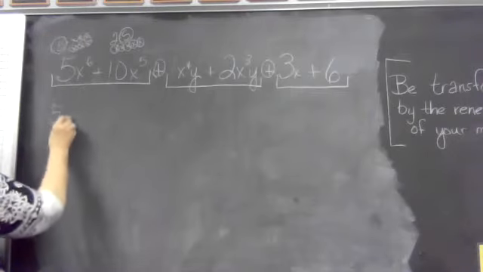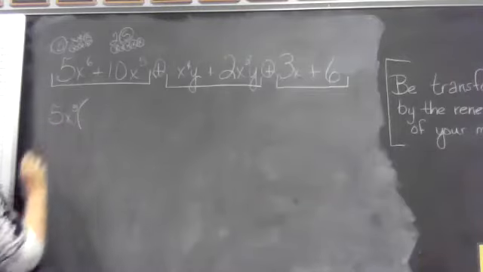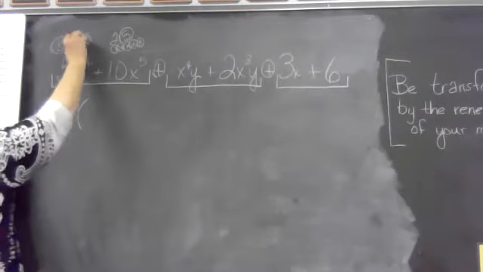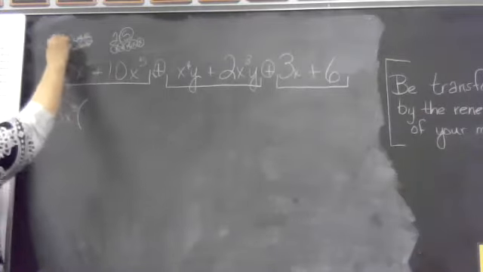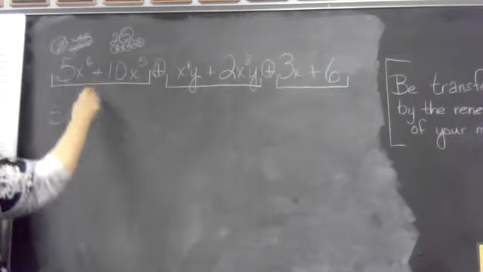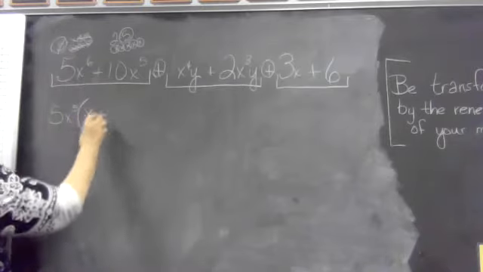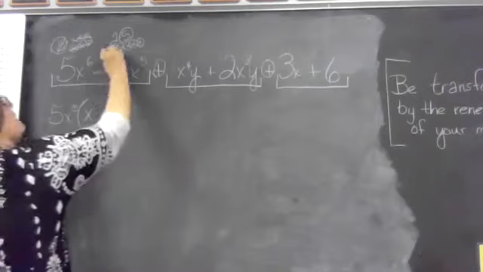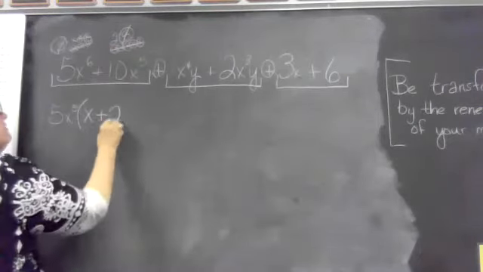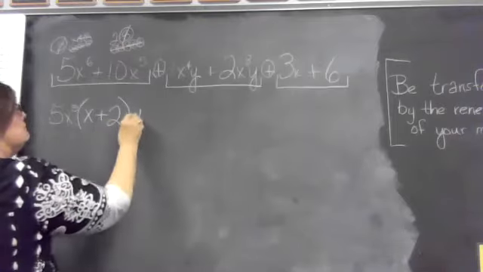Then I open up parentheses because there's some stuff left. When I divided out the 5x to the 5th, all that's left is our invisible 1 and an x, plus, and I divided out all of the x's and the 5, so all that's left is a 2, and I'm finished with this one.